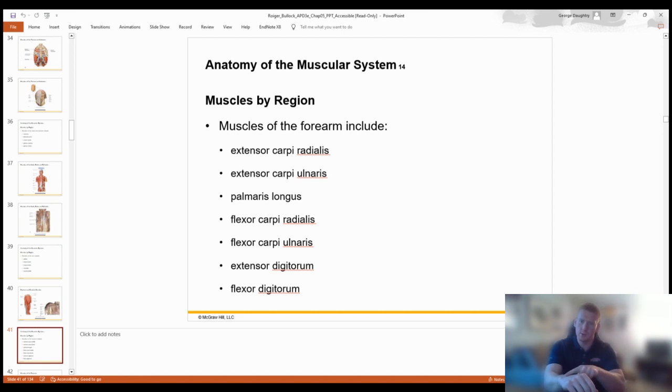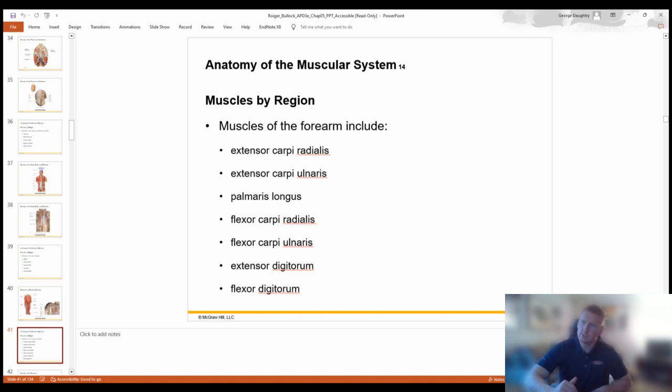Okay, the carpals are those bones right here at the top of the wrist, right? So we have muscles that are extending the carpals on the radial side. Extensor carpi ulnaris, muscles that are extending the carpals on the ulna side. Okay, palmaris longus, kind of right here in the very center at the point of the palm. Flexor carpi radialis, same thing.